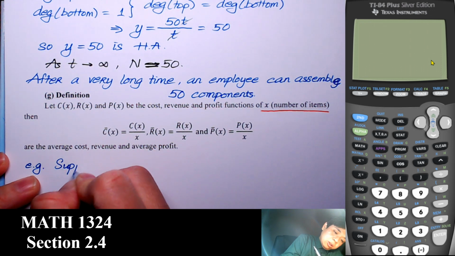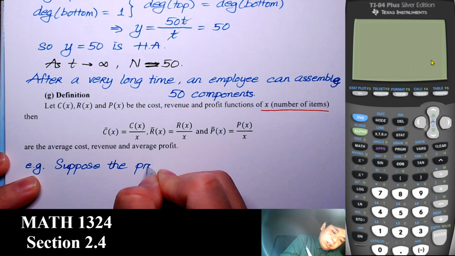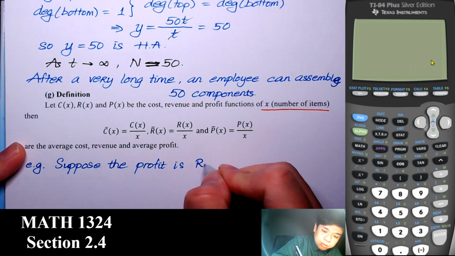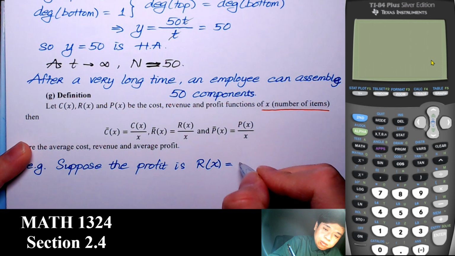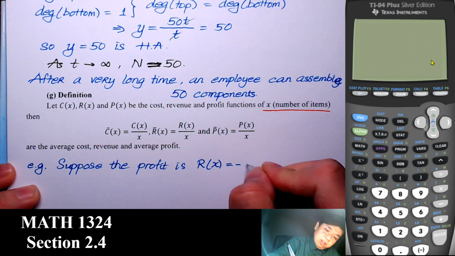Just make an example here. Suppose the profit is, I'm just going to make the profit be negative.